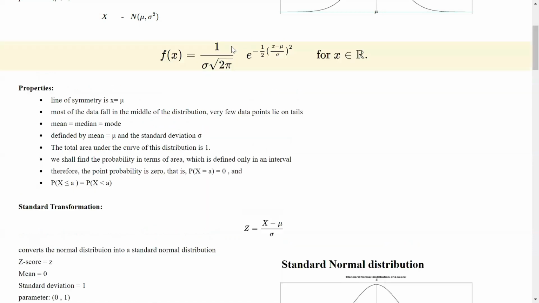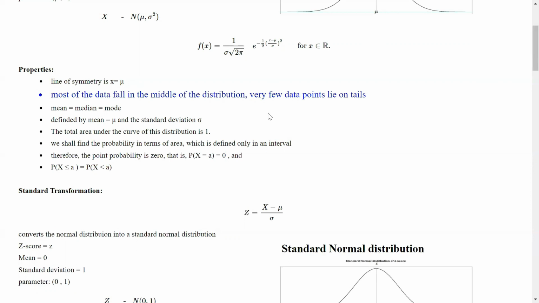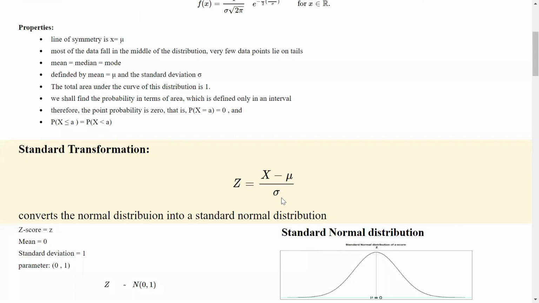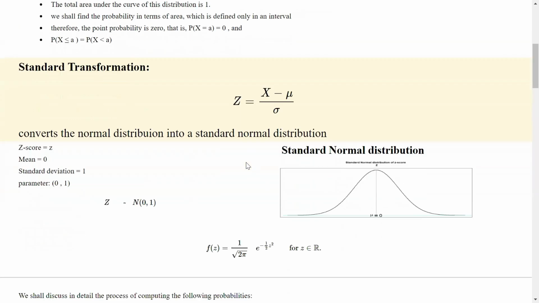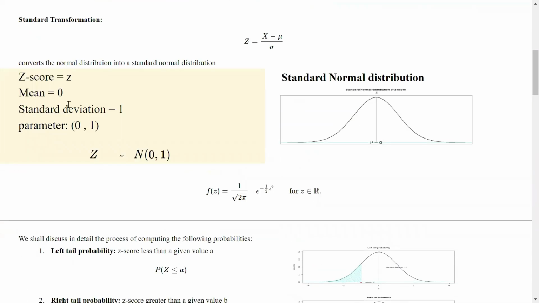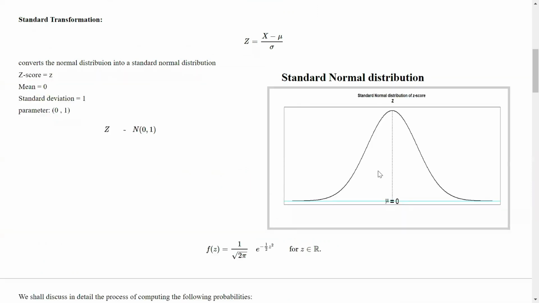This complicated function can be simplified to a simple one using this standard transformation that transforms the random variable x into z-score, and the complicated function takes this form with mean 0 and standard deviation 1, popularly known as standard normal distribution.